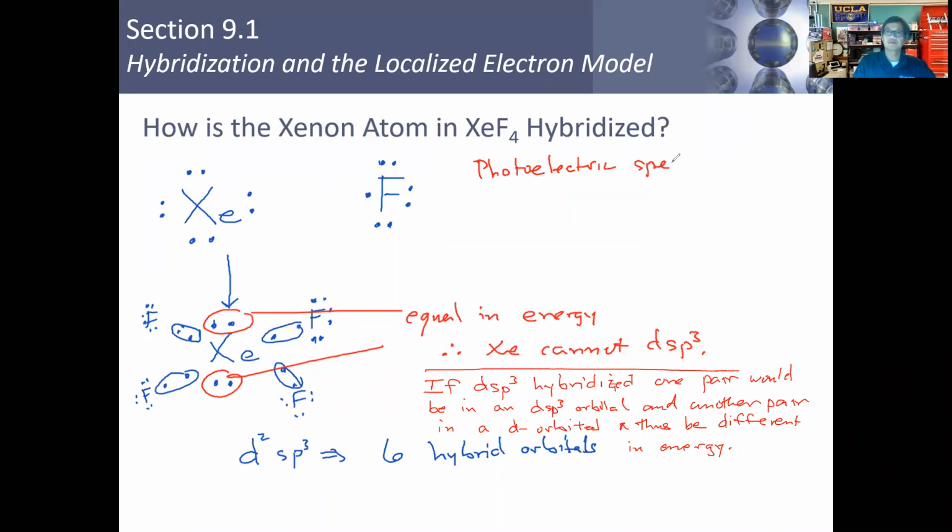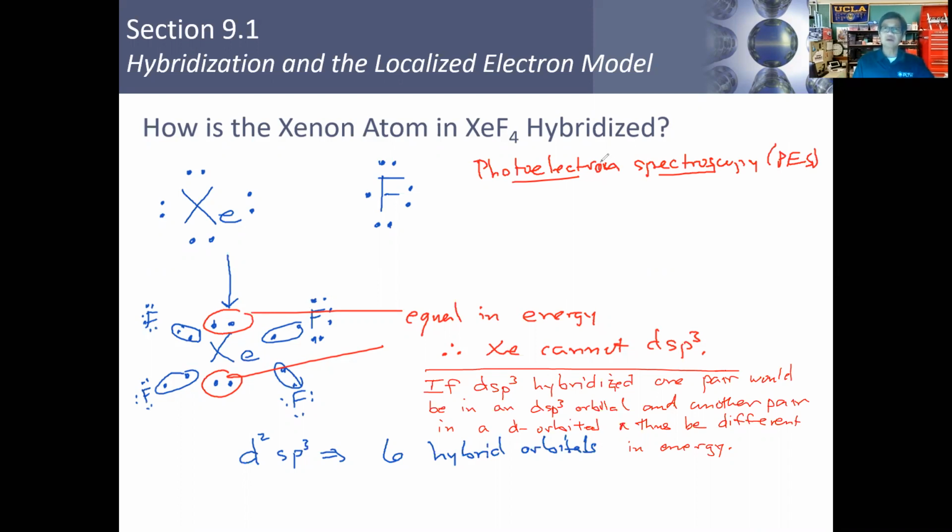We can use photoelectron spectroscopy in order to determine the energetics, the energies of these electrons here. And we will learn about this particular form of spectroscopy, and we'll talk about what spectroscopy is.